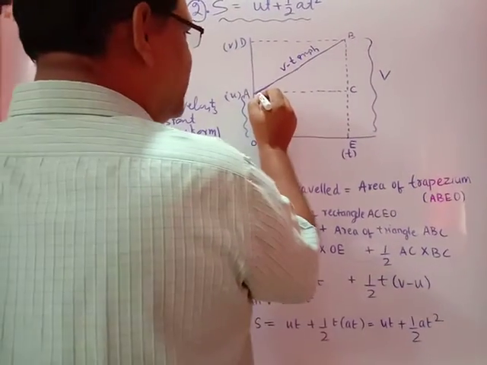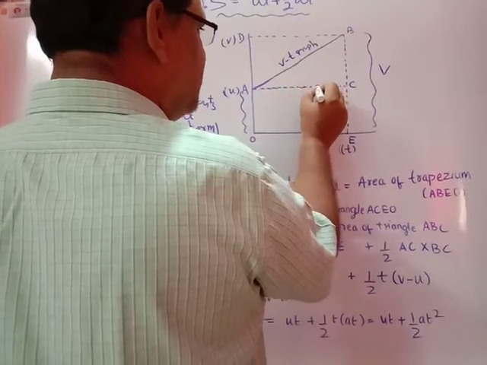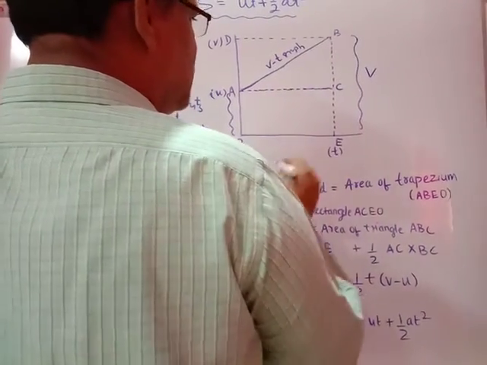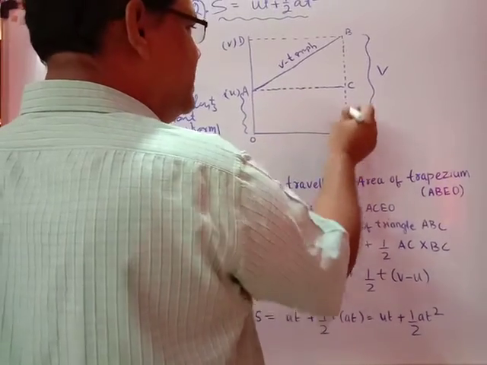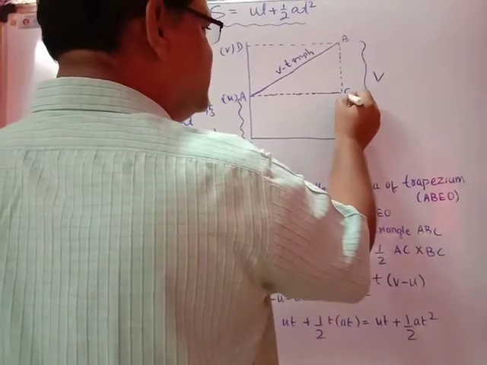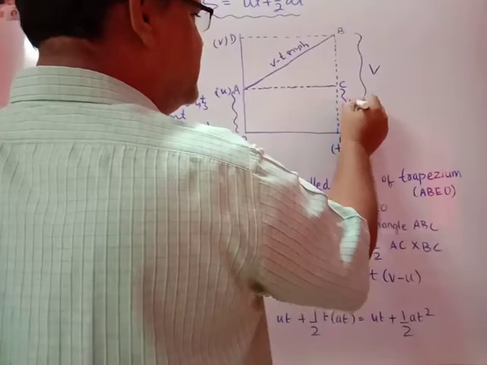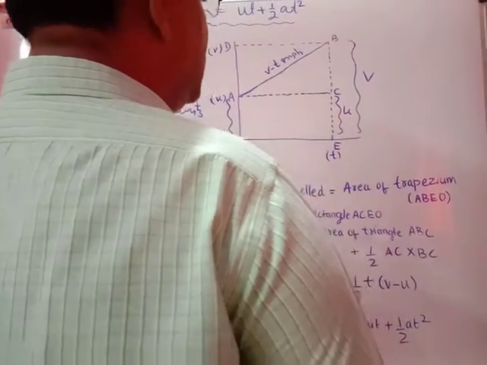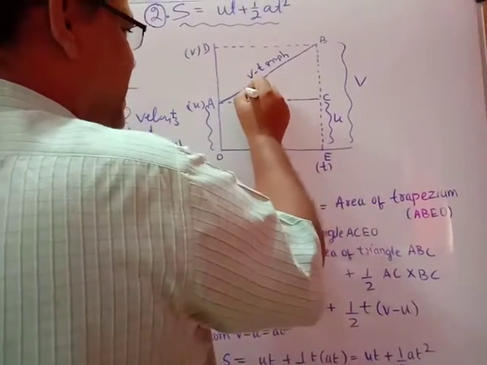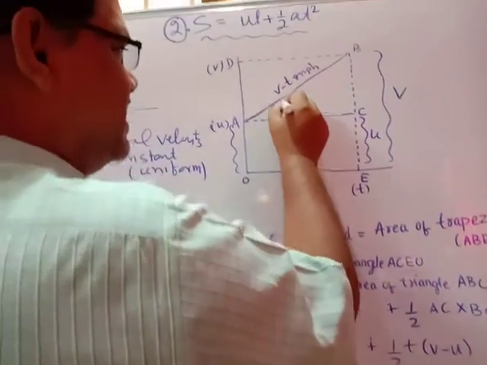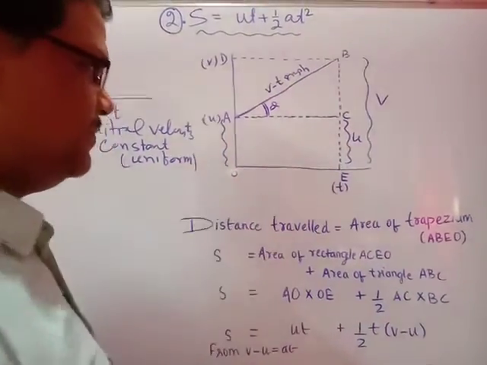If you draw a straight line from A to C, OA is u, and EC also will be u. And it becomes a triangle ABC, and this angle theta is made with the x-axis.